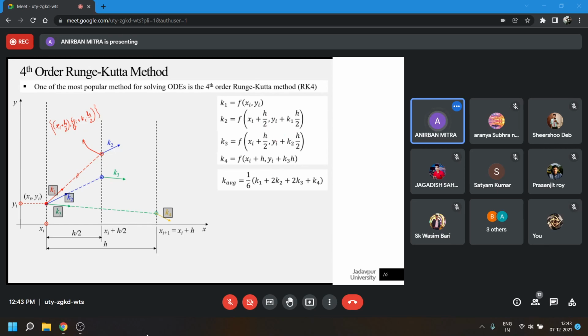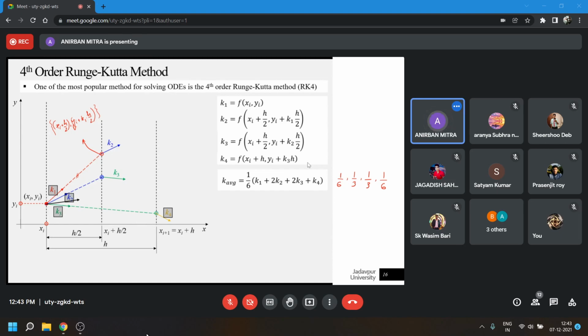The first point has a weightage of 1 by 6. The second point has a weight of 1 by 3. Third one has 1 by 3. Fourth one has 1 by 6. So k2 and k3 have higher weights as compared to k1, k4. That is just specific to this RK4 method.